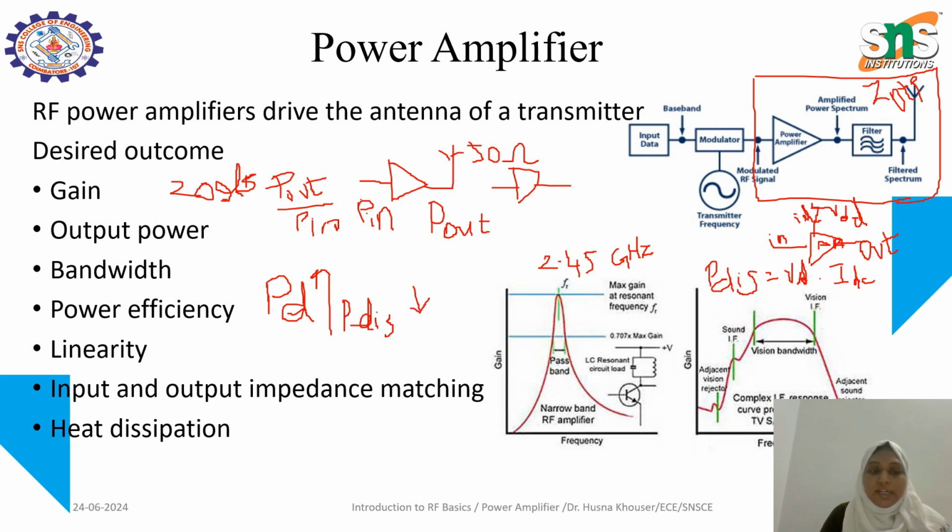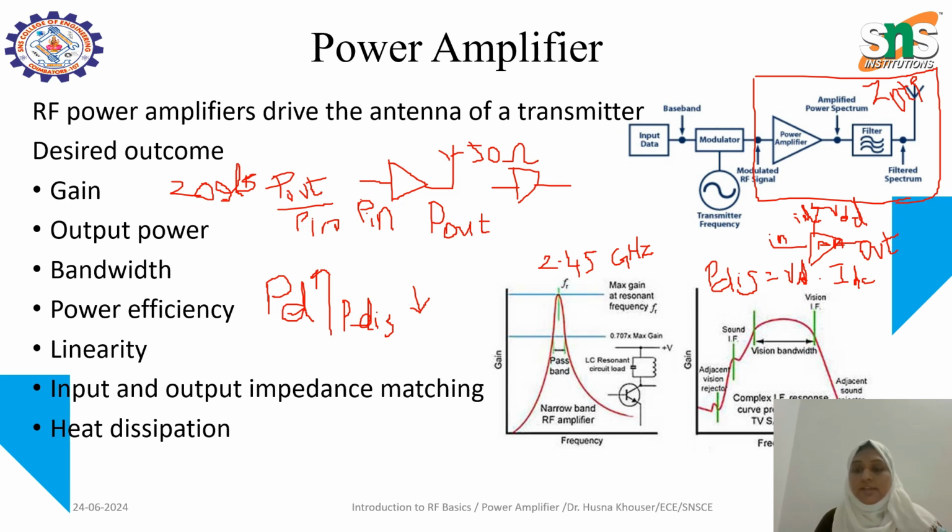Next is the linearity. We will not discuss the linearity. Next is input and output matching. We are using the amplifier, and it will have different stages, based on the power divider and how many stages we are going to use. For a large array, we'll have the power divider in different stages.